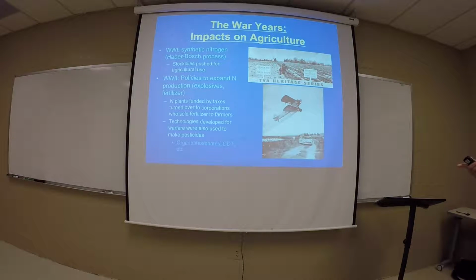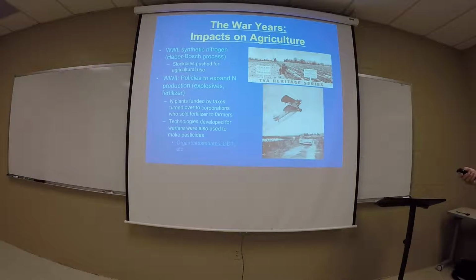So they were kind of pushing fertilizer use. And then another thing that happened at that time were technologies that were developed for warfare, like for the development of nerve gases, were used to make pesticides. So, for example, the organophosphate pesticides and DDT actually came out of technology and knowledge that was used to develop nerve gases.